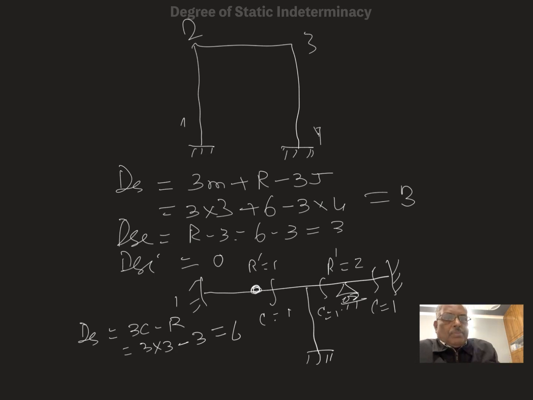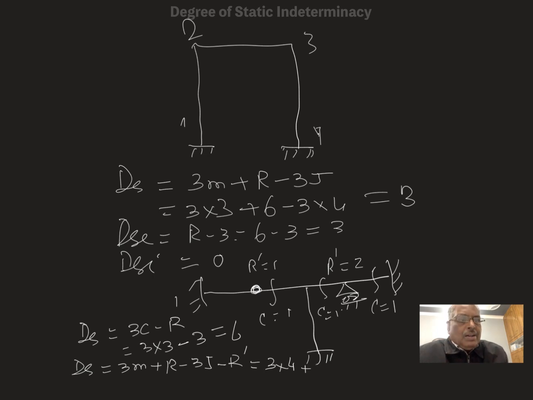Now the same can be done by the method of joints with 3m plus r minus 3j minus r dash. So how much is coming? How many members? The r dash will be considered as a full member. 1, 2, 3, 4 members. So there are 3 into 4, plus how many reactions? 3 and 3, 6, and 3, 9, and 1, 10.